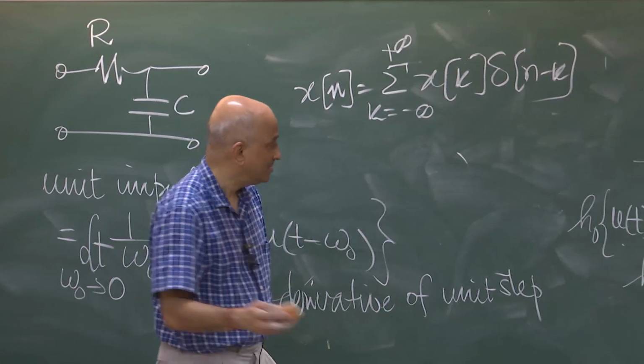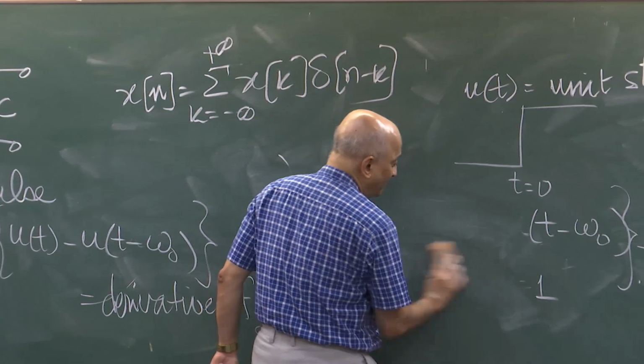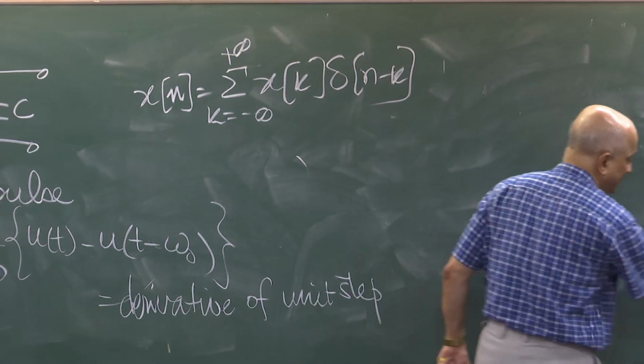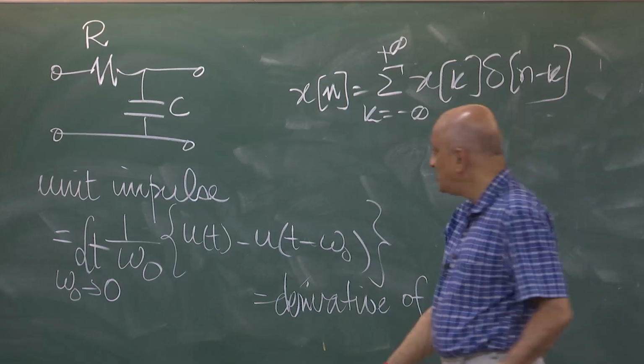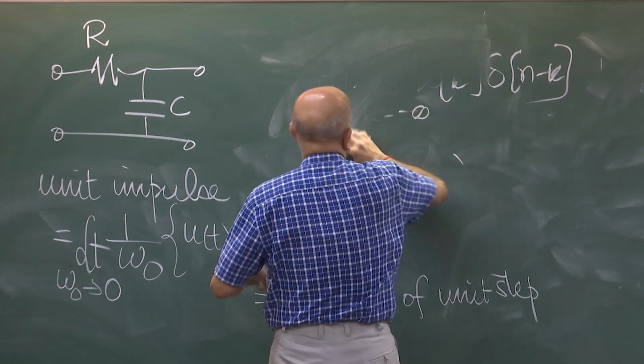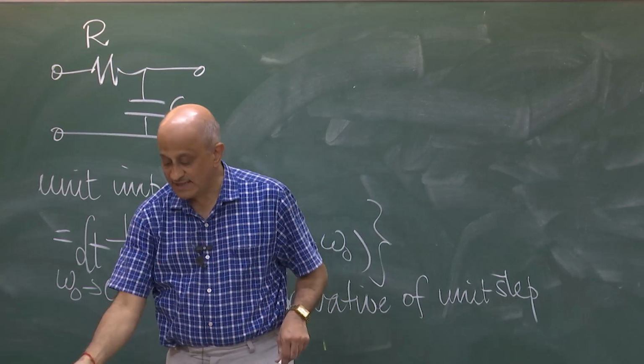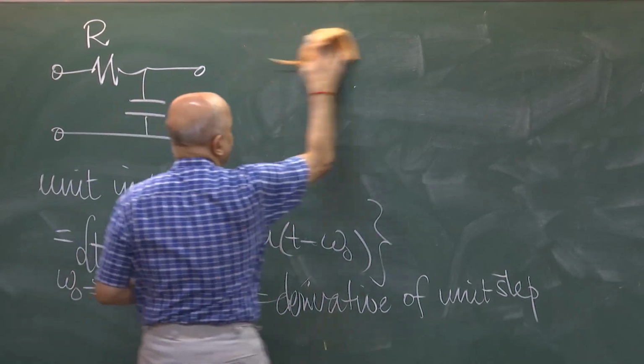Now, let us invoke linearity again, linearity and shift invariance. Suppose I knew the unit step response. I didn't know the unit impulse response, but I know the unit step response.